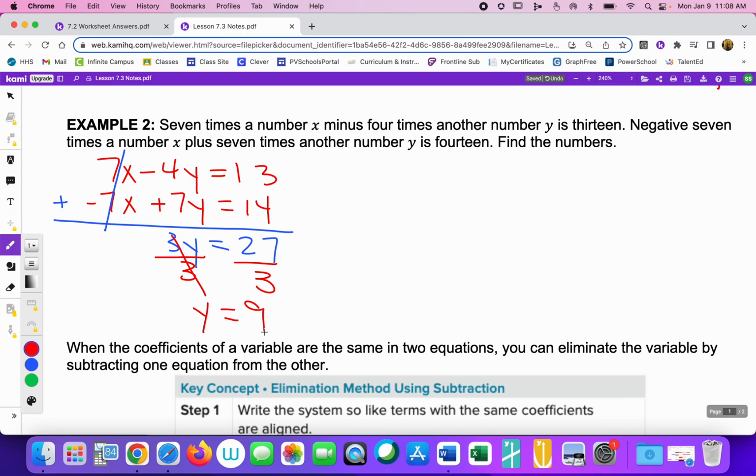If it asks what the two numbers are, technically it doesn't matter the order, but keep it in x, y order. So 9 is the second number. Go ahead and plug that back in to one of the two equations. Does not matter which.